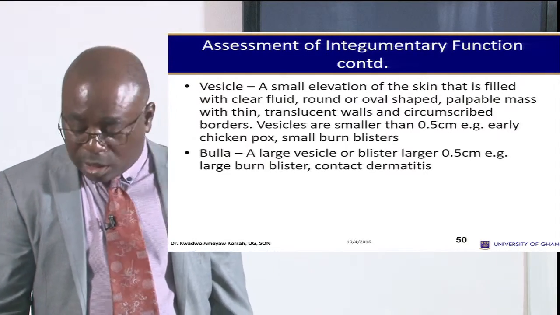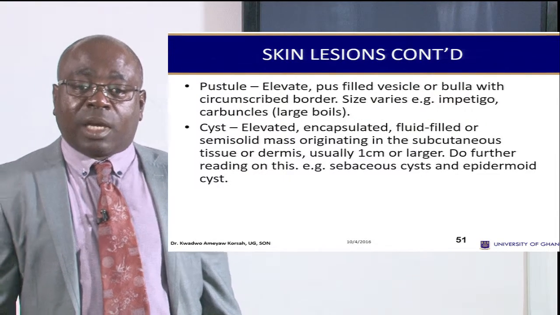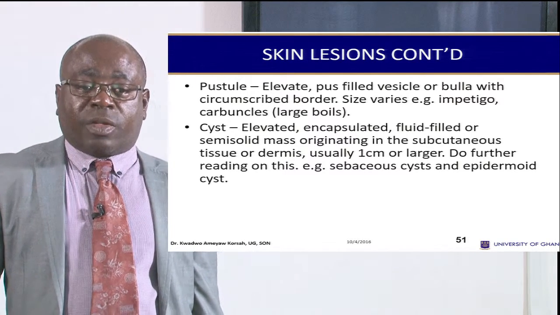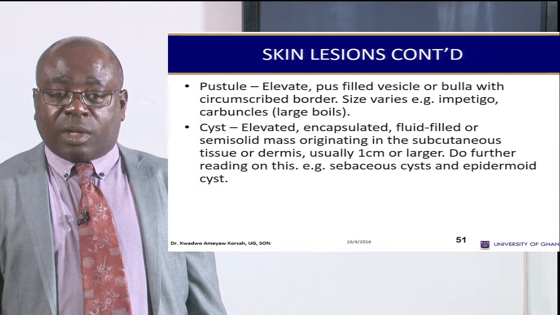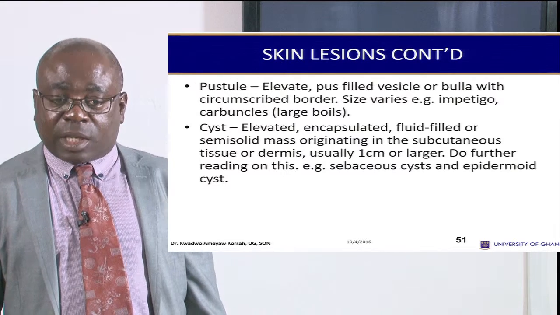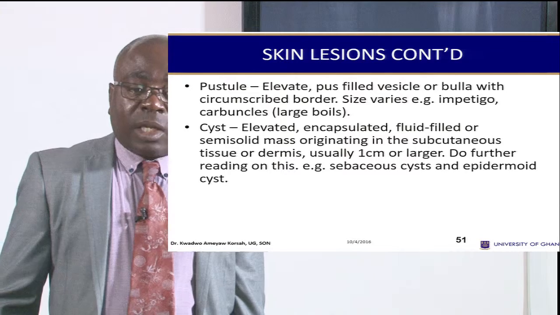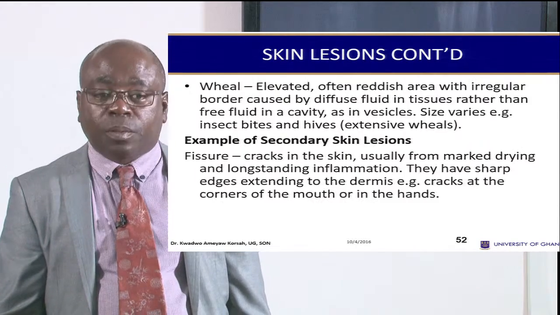We have the pustule, an elevated pus-filled vesicle or bulla with a circumscribed border, size varies, as you can see in impetigo. We have carbuncles, and we also have a cyst, which is an elevated, encapsulated, fluid-filled and semi-solid mass originating in the subcutaneous tissue.